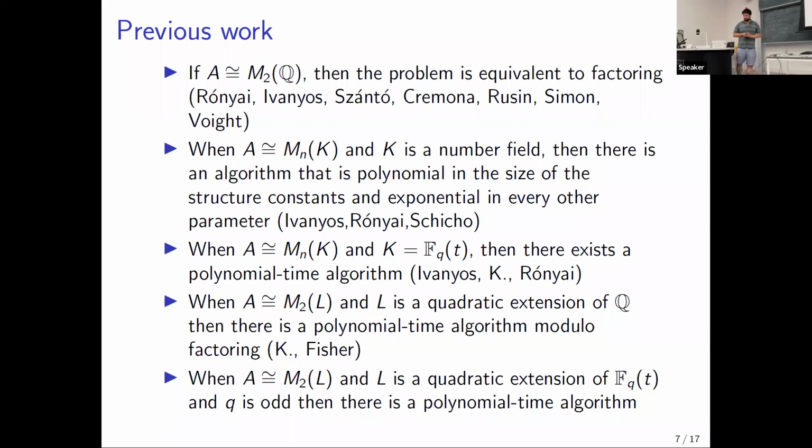And there is an algorithm by Ivanyos, Rónyai, and Schicho, which is based on an idea of Tom Fisher. That algorithm solves the problem in polynomial time, but the polynomial is just in the size of the structure constants. So the algorithm is exponential in n, exponential in the degree of the number field, and exponential in the discriminant of the number field.